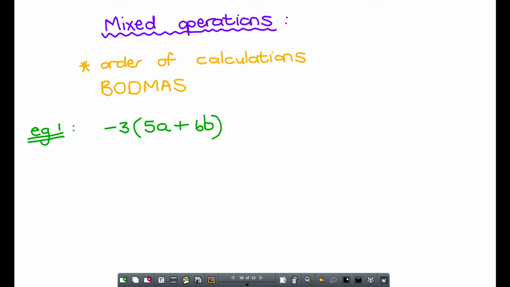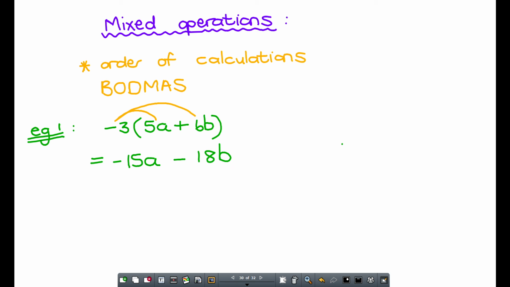Do you remember that? Okay, so what I've got to do here is say minus 3 times the 5A, and that will give me minus 15A. And then I'm going to say minus 3 must also be multiplied with a positive 6B, which means I'm going to have minus 18B.